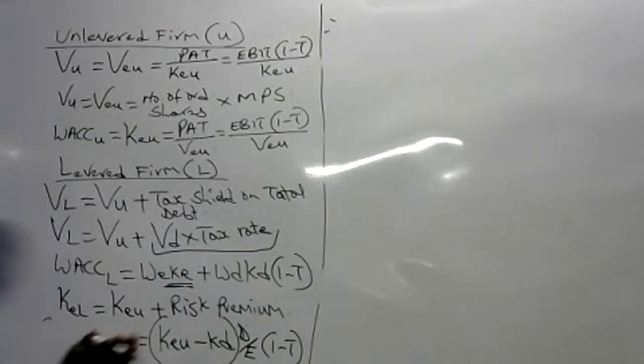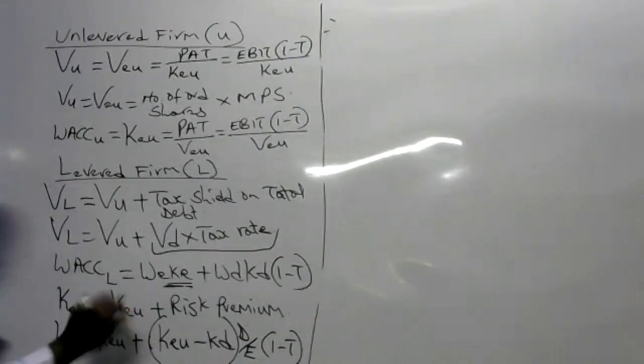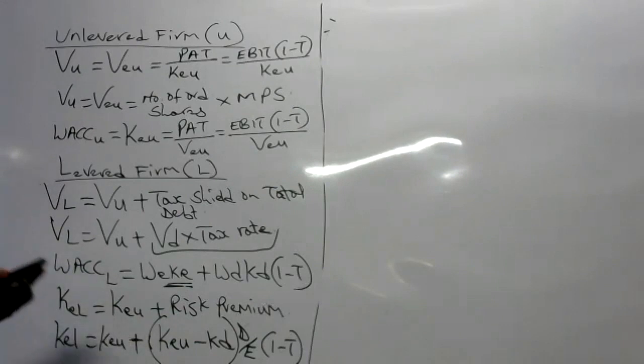Getting our KL, we just do this here. KU plus what? Our risk premium.